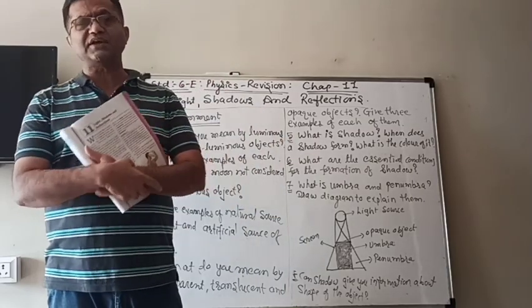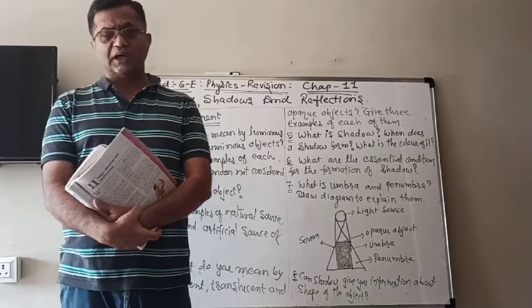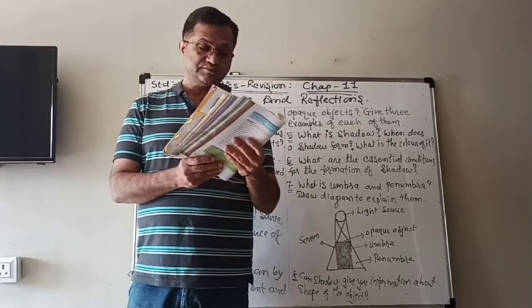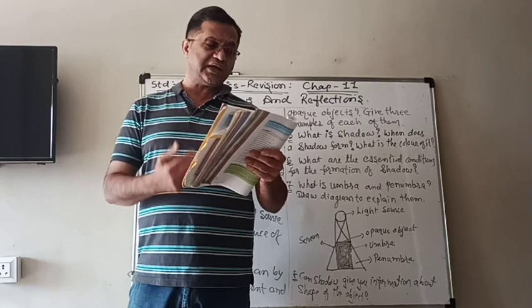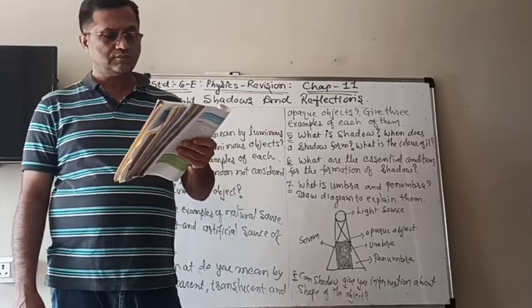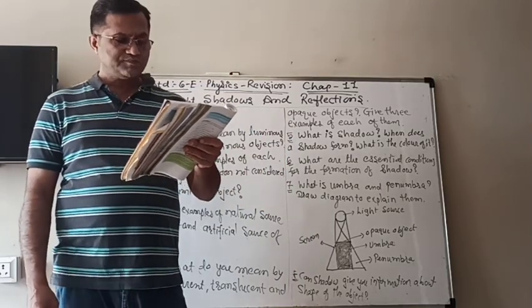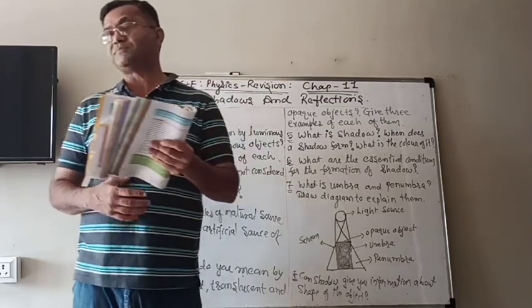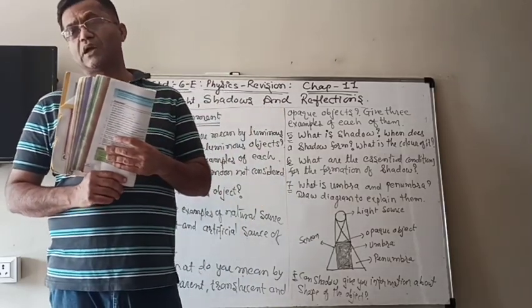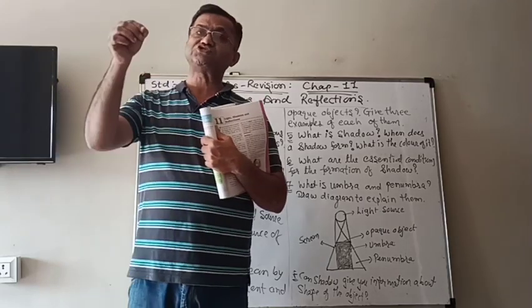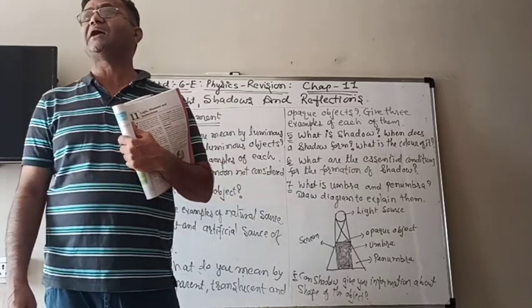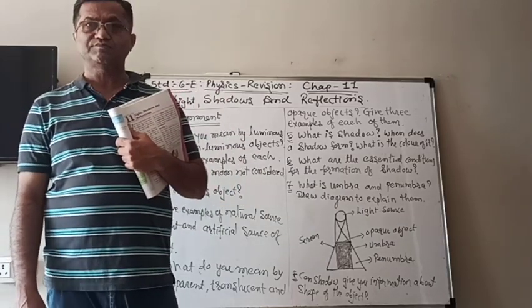Now, some of the objects are such that they have their own light. They produce their own light. So, they are known as luminous objects. For example, when you switch on the bulb, it produces its own light, it emits its own light.